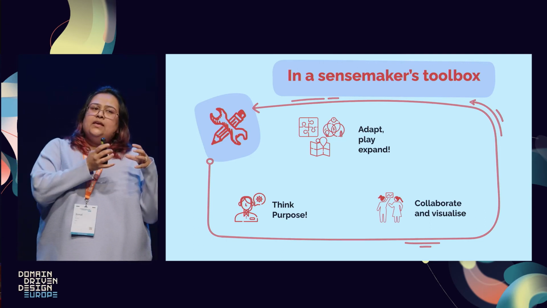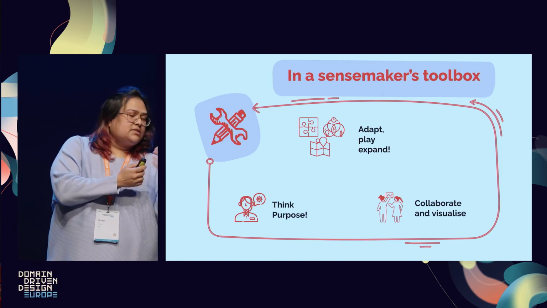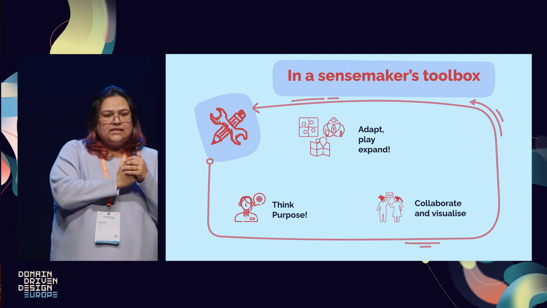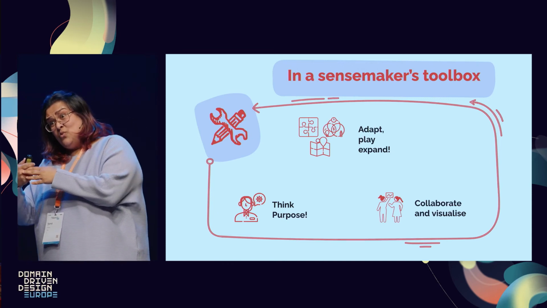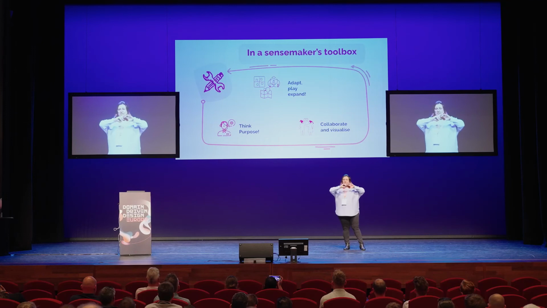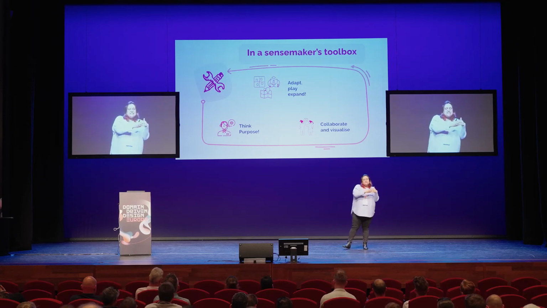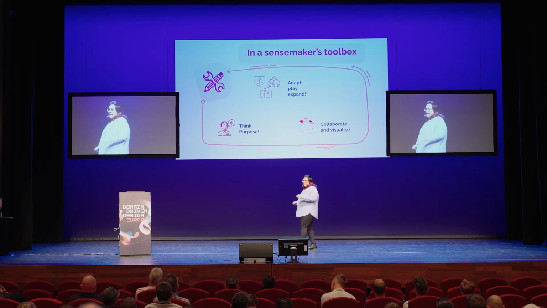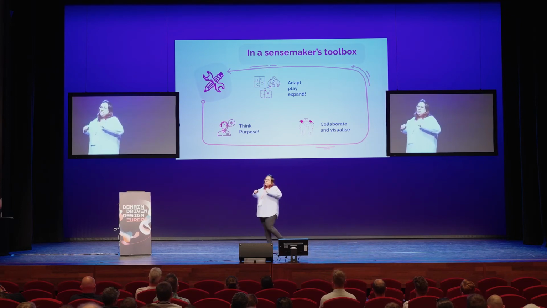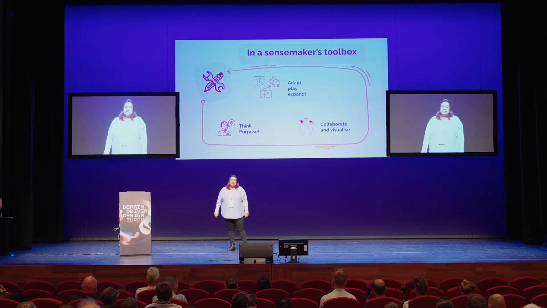And if you think about the purpose of this chart or this framework, it becomes easy to adapt, and when you're collaborating and visualizing what's happening, that aids the process of being able to adapt it. And that's what I think worked in the scenario that we had.